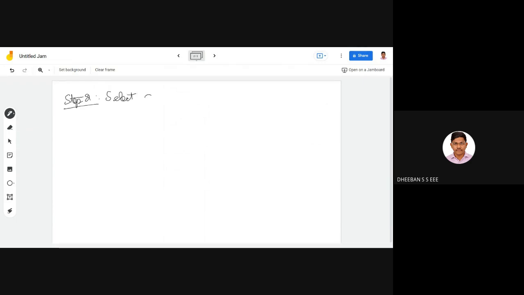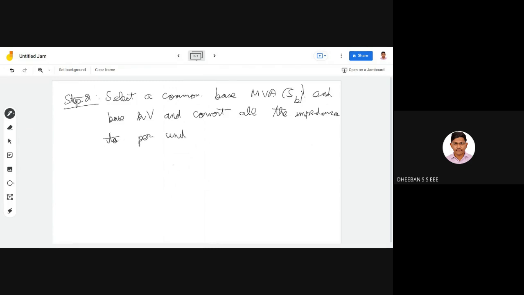Select a common base value, base MVA, SB, and base kV, and convert all the impedances to per unit values on the same base value. So this is your step two.